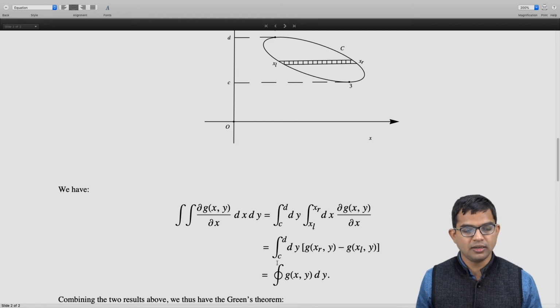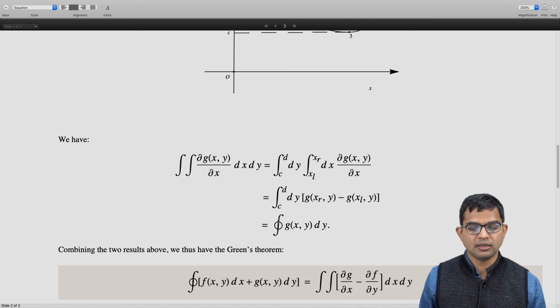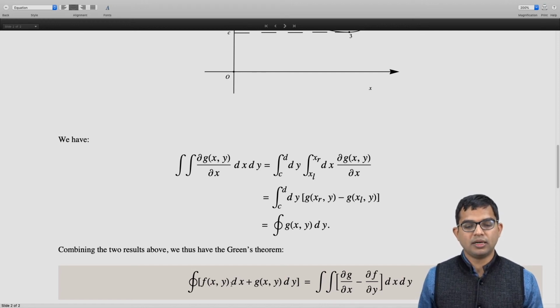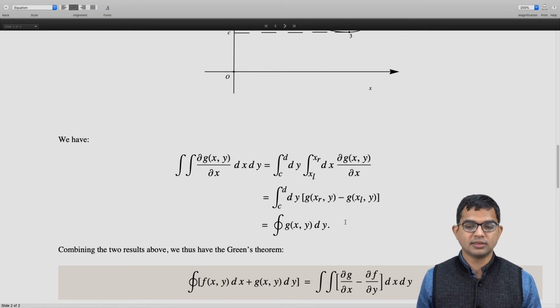So immediately, if I combine both of these results, we can go ahead and write this closed line integral of f(x, y) dx plus g(x, y) dy along this closed contour in the anti-clockwise sense is the same as the double integral of (∂g/∂x minus ∂f/∂y) dx dy, which is really nothing but Green's theorem, right?